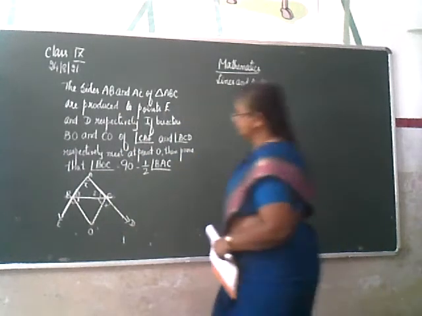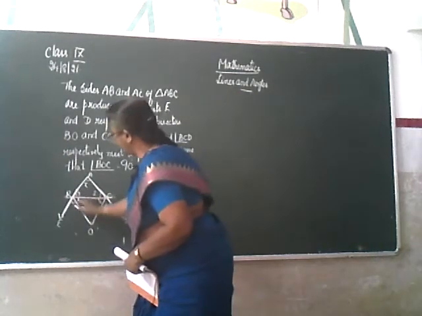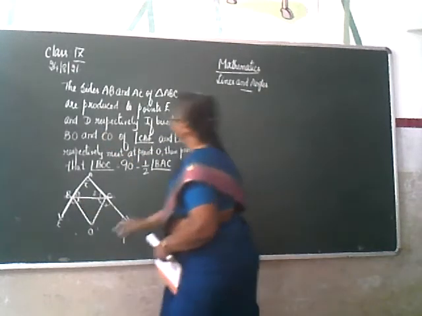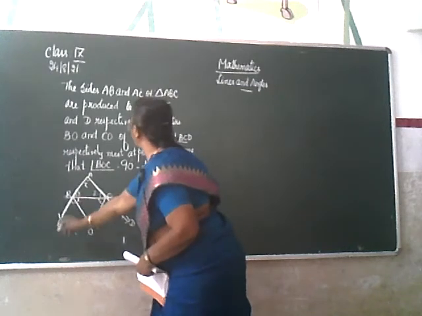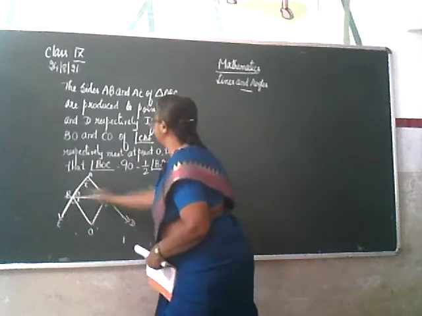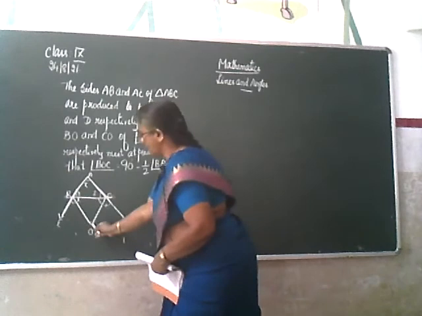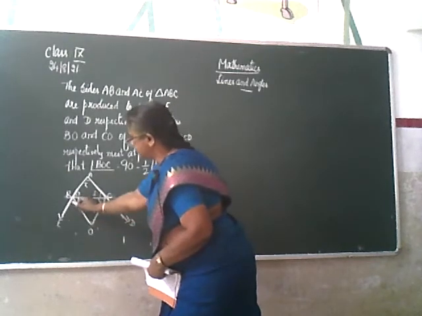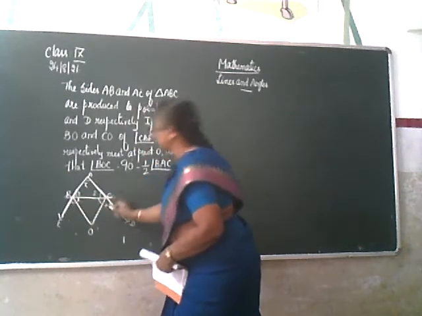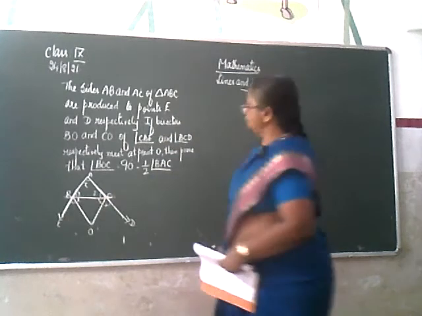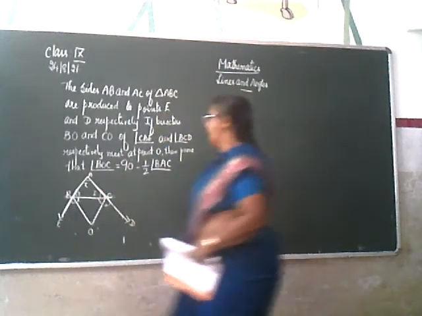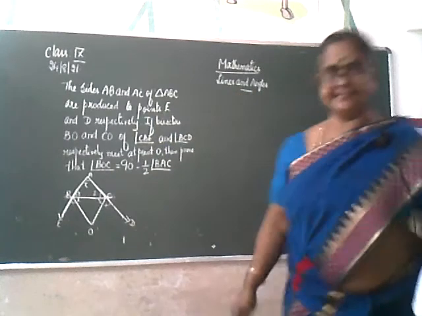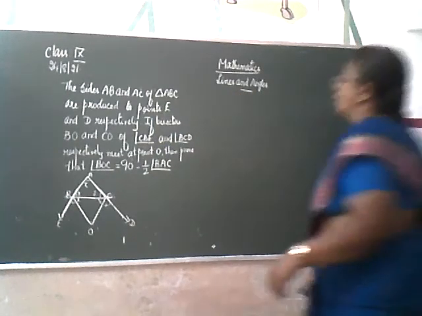If the bisectors BO and CO of angle CBE and angle BCD meet at O, you know bisect means it divides the angle into two equal parts. That's why he has given. Then prove that angle BOC is equal to 90 minus half of BAC. It is given. So, you must prove now.